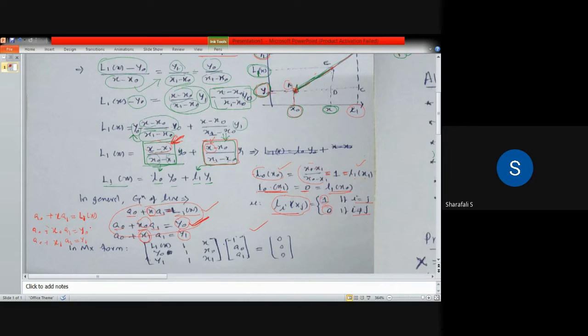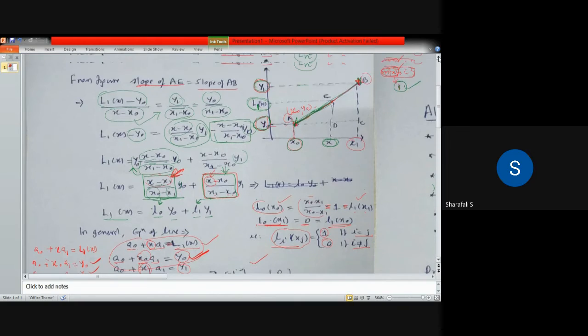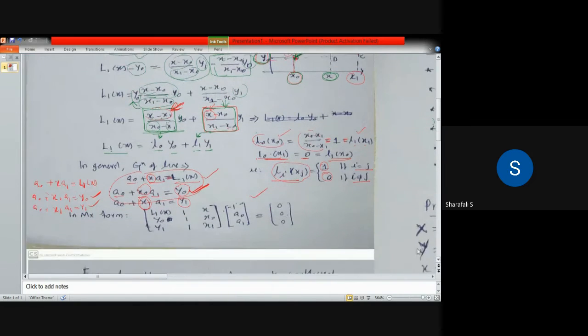These two represent the straight line, as you can see from this point. This is your point x0, y0, given in the data set, and this will be x1, y1. With those two points, we can construct a straight line like this.